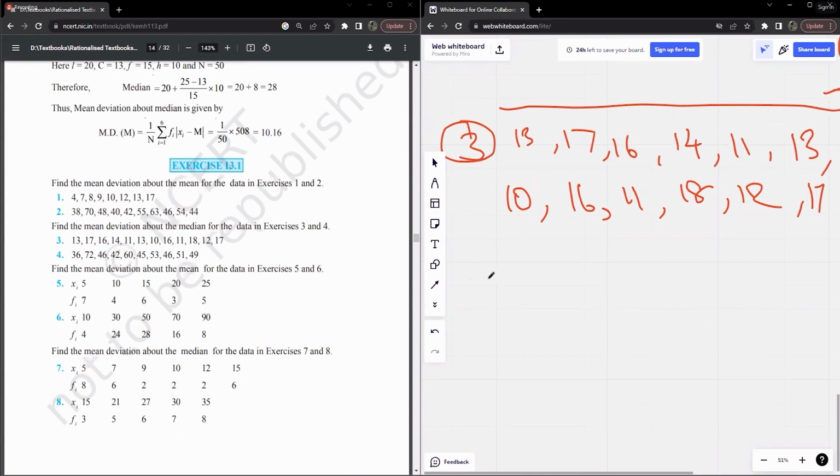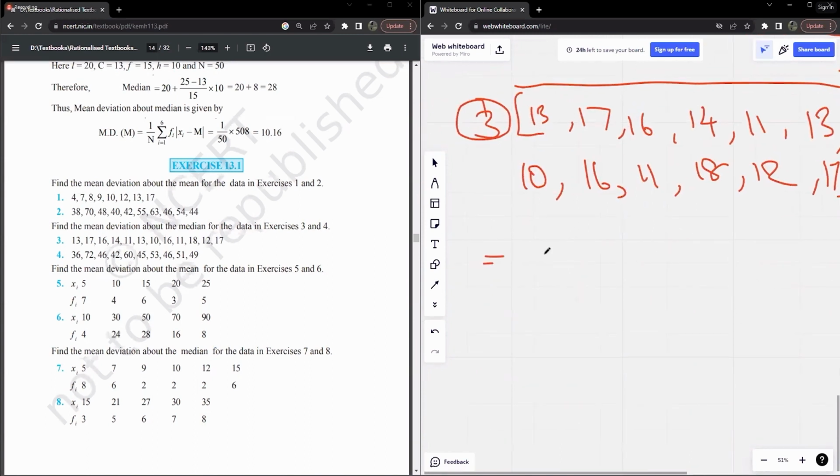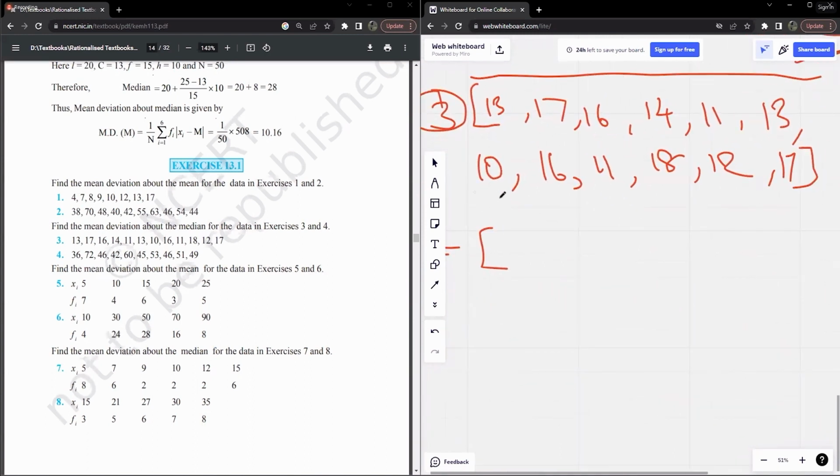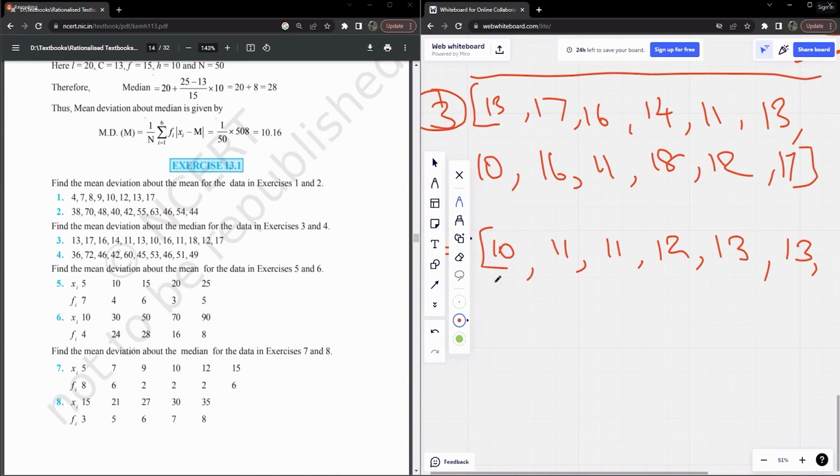So arranging this data set, this is basically equal to the data set of 10, 11, 11, 12, 13, wait a minute, I have two 13s, so then 13 again. Then I have a 14, then two 16s, then two 17s, and an 18.